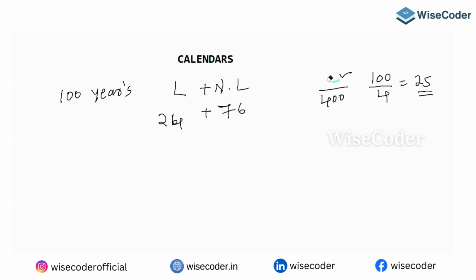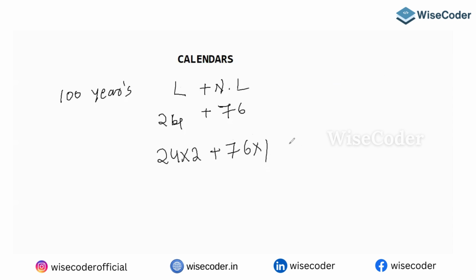After this, every leap year will have 2 odd days and every non-leap year will have 1 odd day. So this is how I calculate the total number of odd days. 24 into 2, how much? 48.